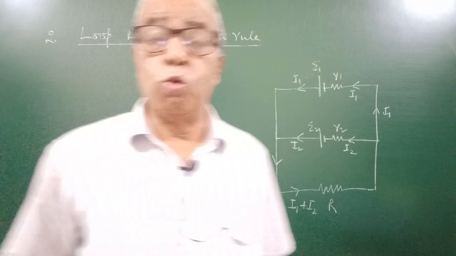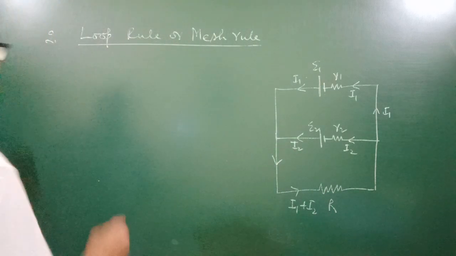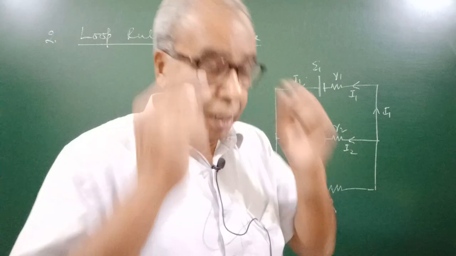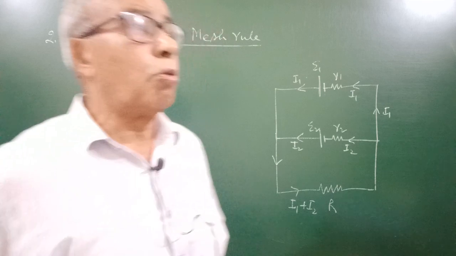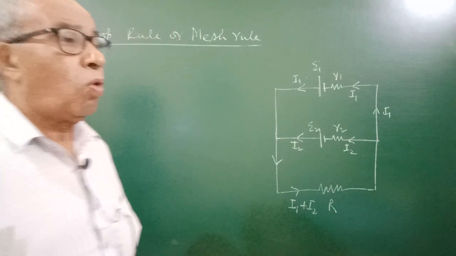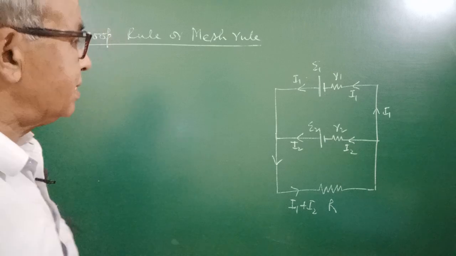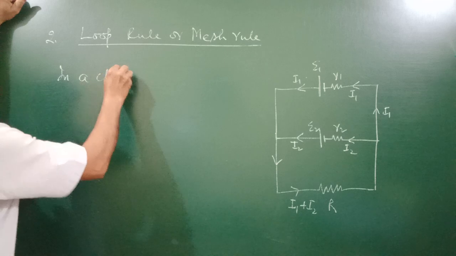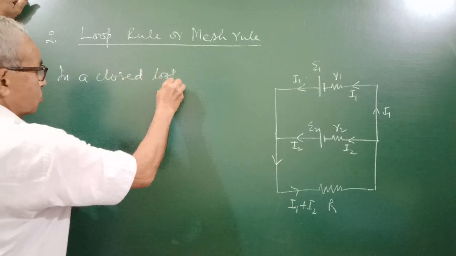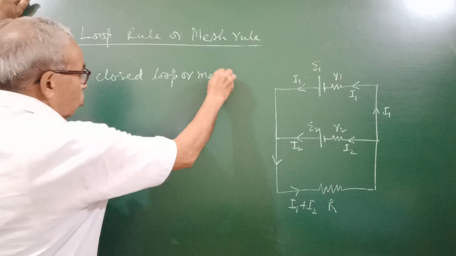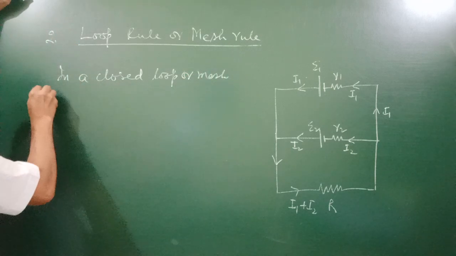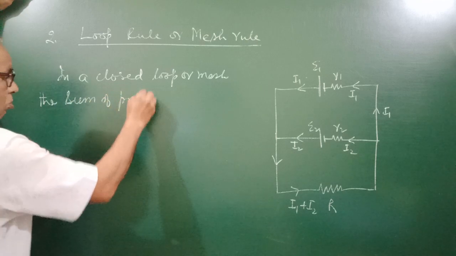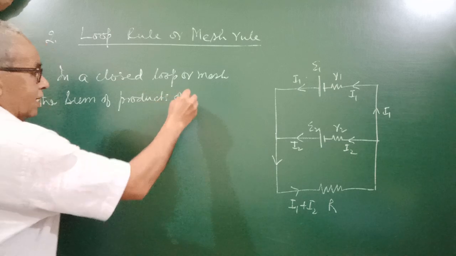So what is the mesh rule? In my opinion, people write it in different ways. A simple way people write is: the algebraic sum of all potential differences in a closed loop is 0. I may simplify it like this.